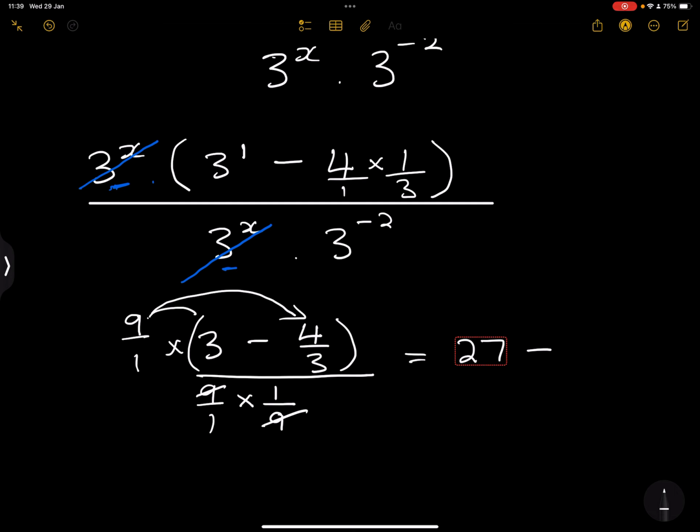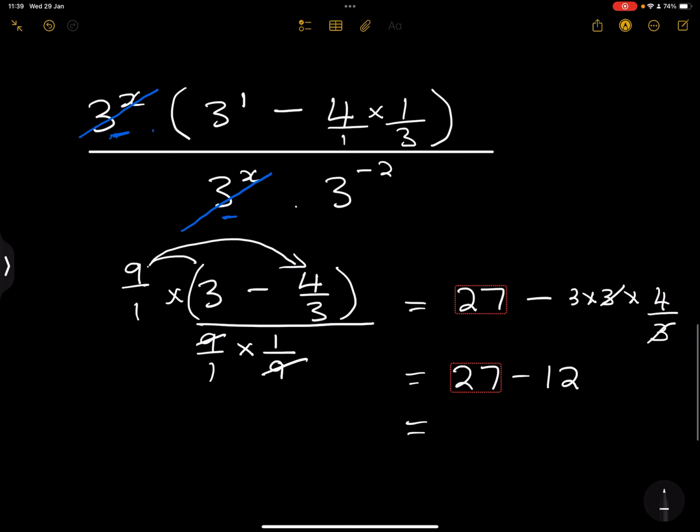Actually, let me write it out. This is the same as saying 3 times 3 multiplied by 4 over 3. So the 3's cancel, and 4 times 3 gives me 12. So you've got 27 minus 12, and in this case, that will give us 15.